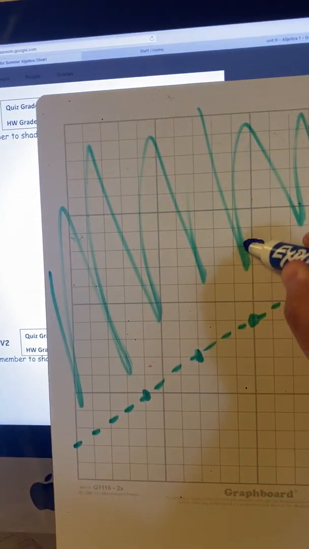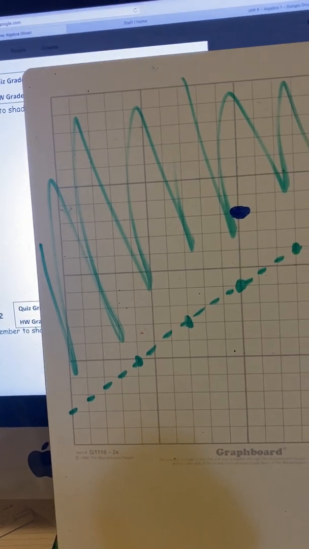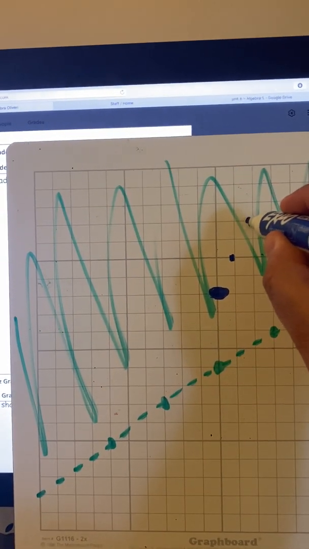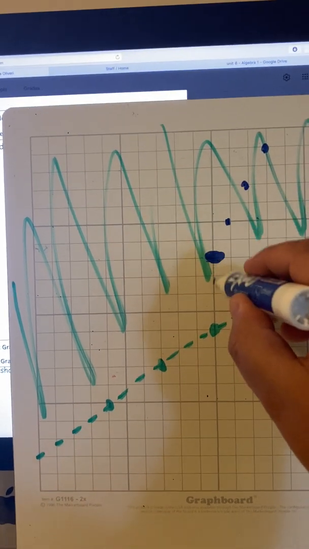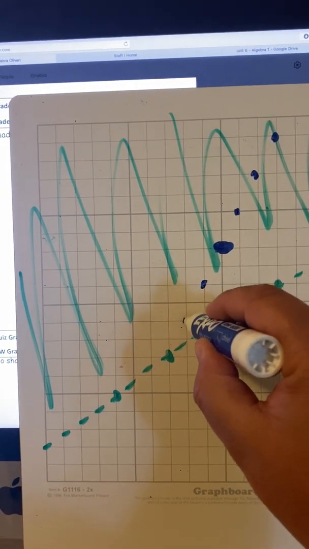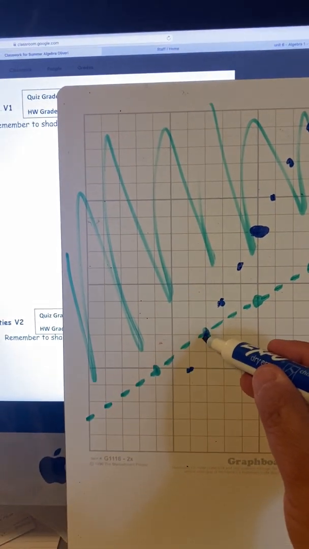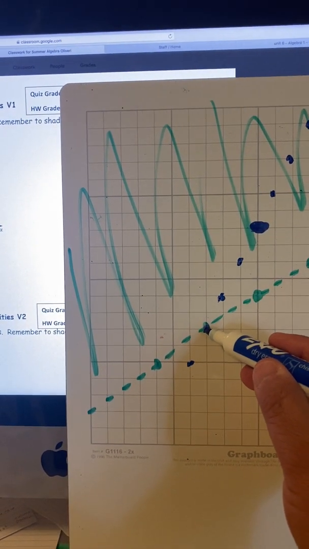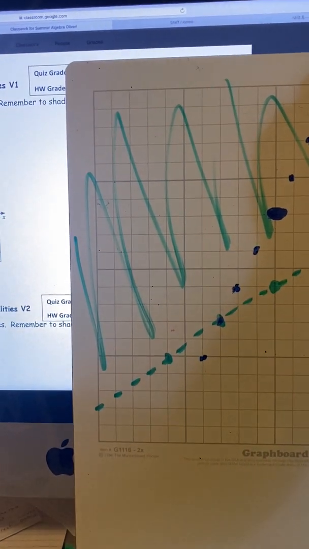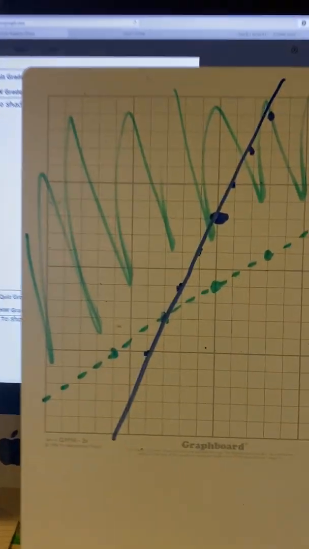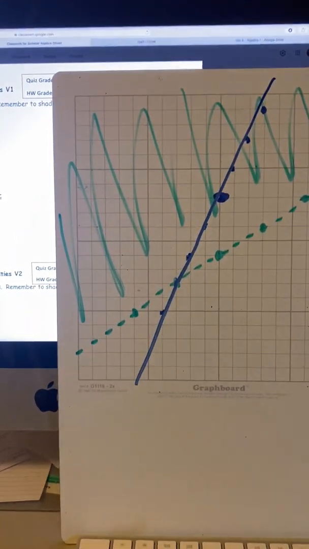Plus 3, so 3 is my y-intercept, and 2x is 2 over 1: up 2, right 1, up 2, right 1, or down 2, back 1, down 2, back 1. Unlike in systems of equations when I'm graphing them, I'm not looking for where they cross. I'm not looking for that. I'm looking for where the shaded areas overlap each other.